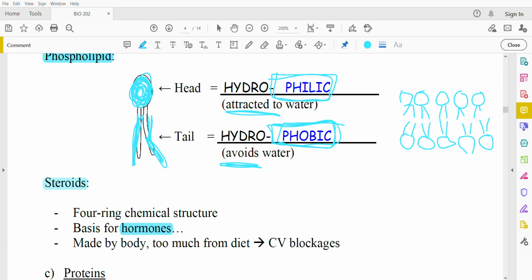You don't really need to get them from diet. High amounts from dietary sources are associated with an increased cardiovascular disease risk. So you don't need cholesterol from the diet. Your body produces all the cholesterol that you need.